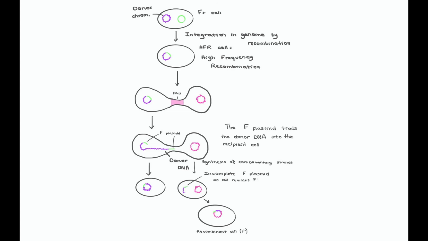It gets incorporated into the genome, and now the genome is made up of part of the plasmid, part of the donor DNA, so the purple one, and its normal DNA, the pink one. So we can call this cell HFR for high frequency recombination because it got a bit of DNA and it integrated into its genome. Okay, I hope you see the difference between this type of conjugation and the simpler one that was a bit before.